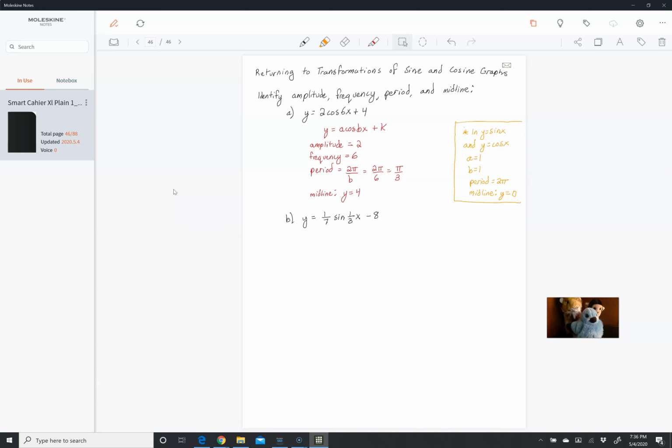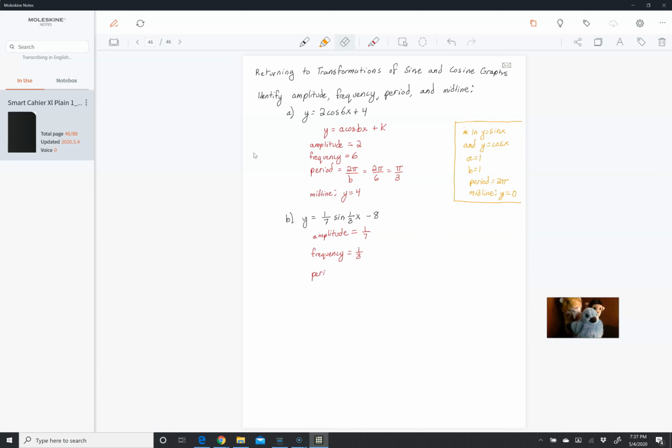Here our amplitude is our vertical stretch or shrink. In this case, it's a vertical shrink. Our amplitude is getting smaller. Our amplitude is just 1/7. Our frequency is 1/3.